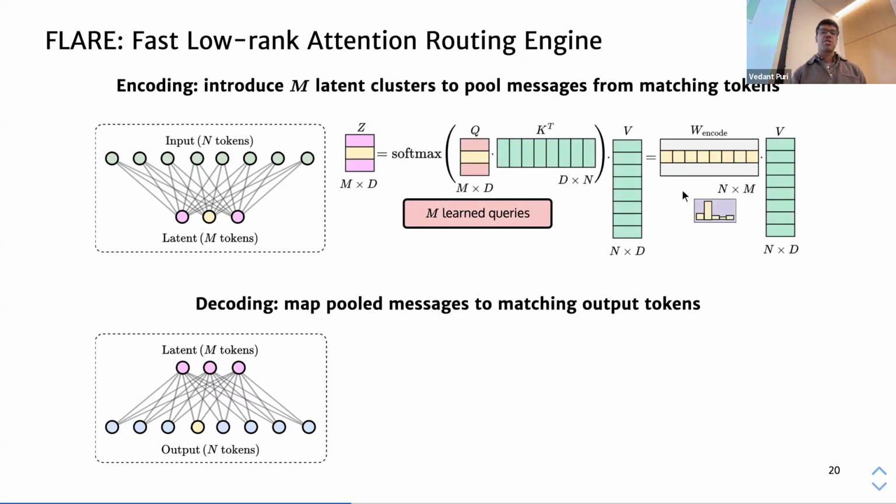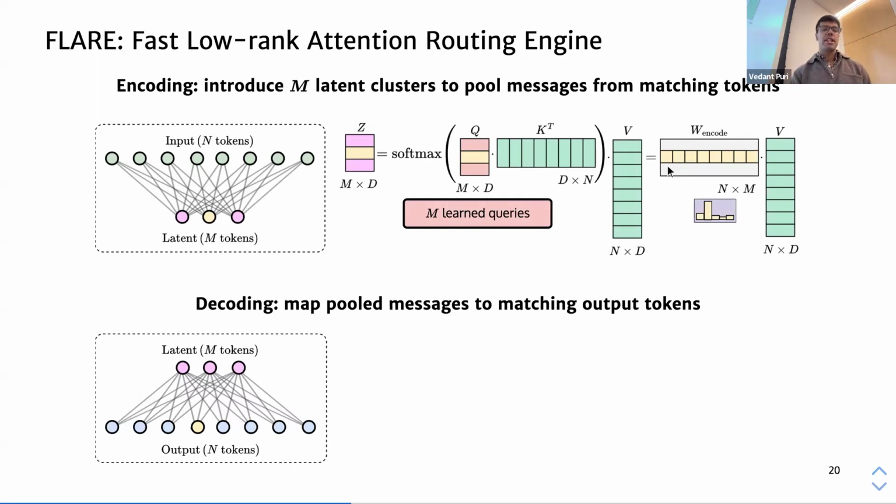The way this operation is done is exactly the same as vanilla self-attention, but with different inputs. Each latent node produces a probability distribution across all of the input nodes, thus getting these attention weights.